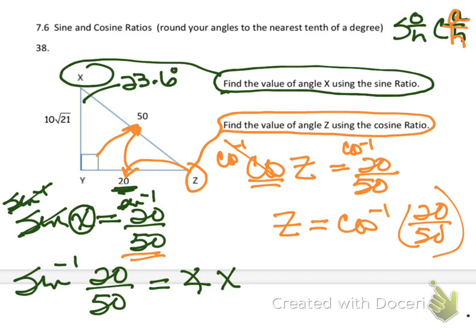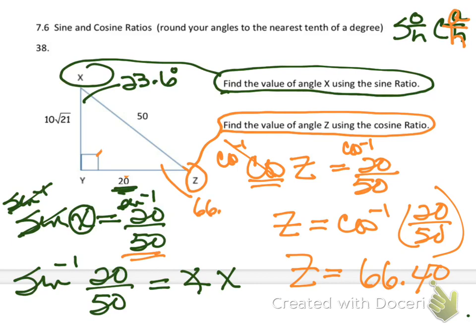In my calculator, I put cosine^-1 of 20 divided by 50, and I get an angle for z of 66.4 degrees. So let me clean up some of this in here. We will put the angle of 66.4 right there.